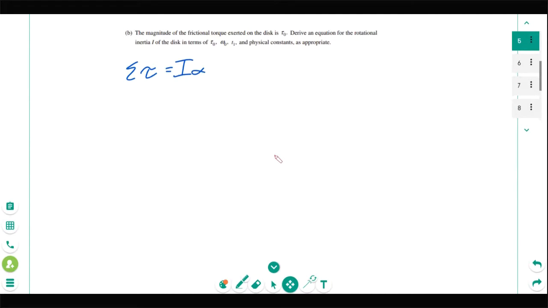Saying that the sum of the torques is I times alpha, right off your reference tables, nothing fancy with this.